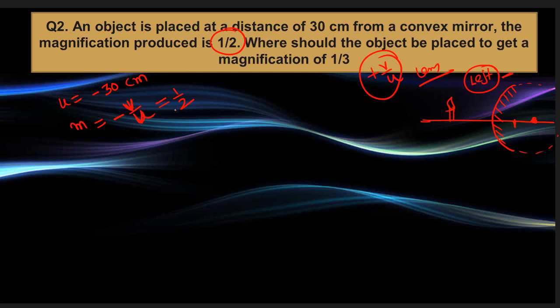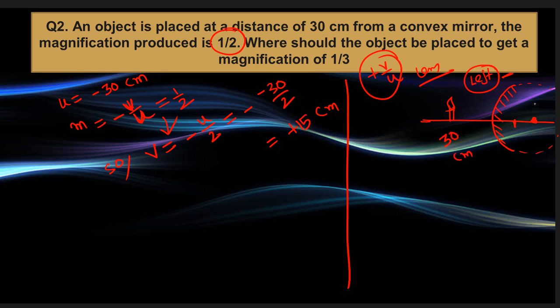So we can write that v equal to minus of u by 2 using this expression, equal to minus of minus 30 by 2, means plus 15 centimeter. It's clearly showing that the object is at 30 centimeter, minus sign, that's why left. The image is plus 15, so positive means it will be on the right side.